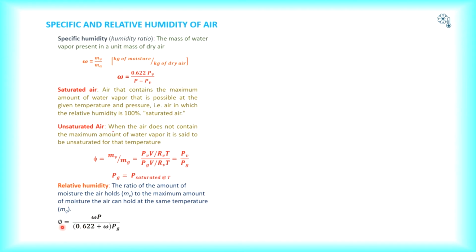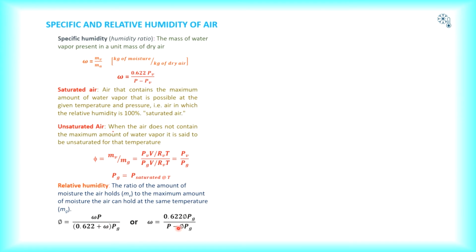You can use this formula to find your relative humidity, or use this to find your specific humidity without the PV, in terms of PG and the total pressure. This is total pressure. This is the partial pressure of water vapor when the air has become saturated. This phi here is the relative humidity. This omega is the specific humidity.